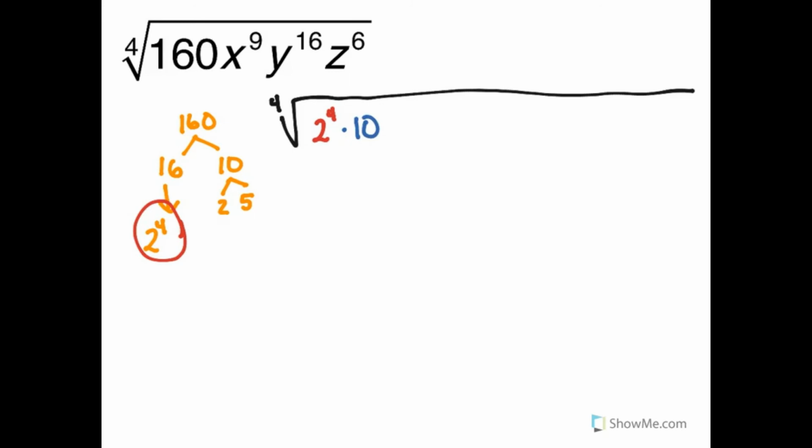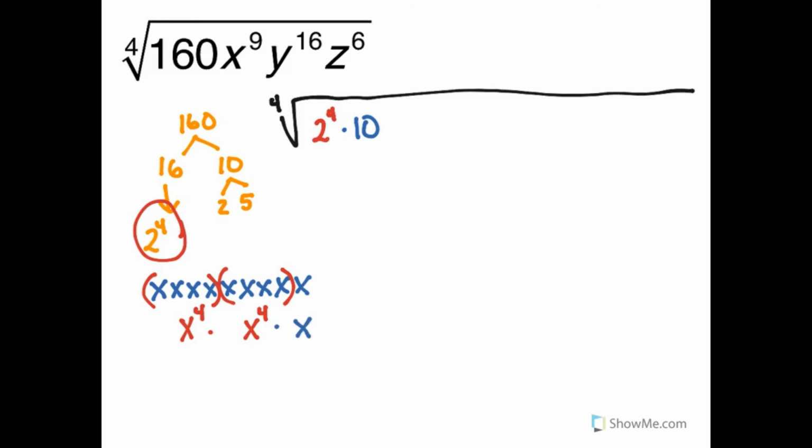Now to simplify the 4th root of x to the 9, I can write out 9 copies of x and find groups of 4. There are 2. So that is x to the 4th times x to the 4th times 1 left over x.